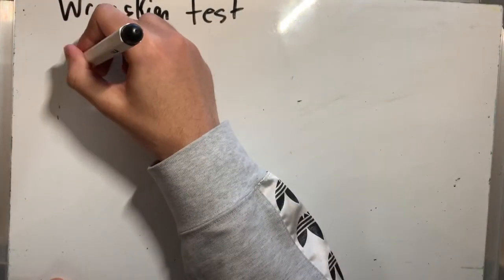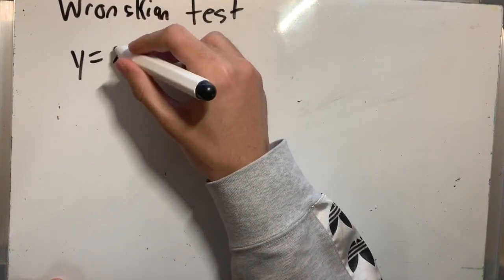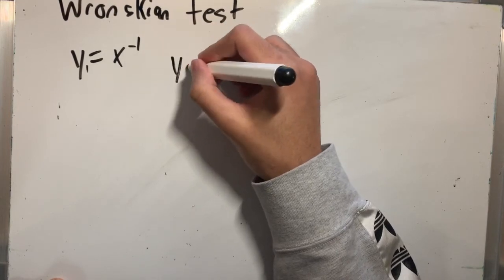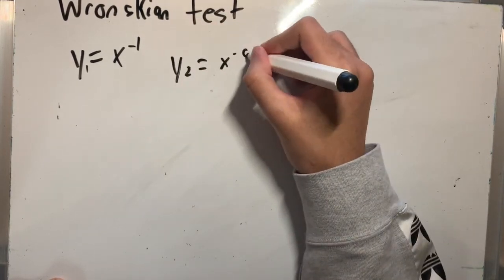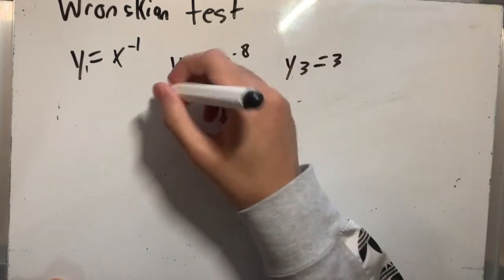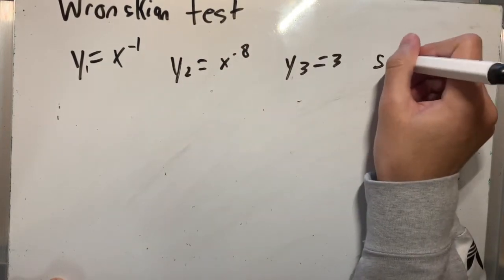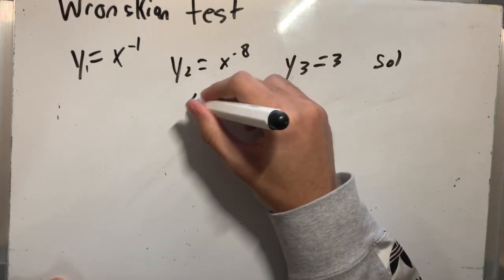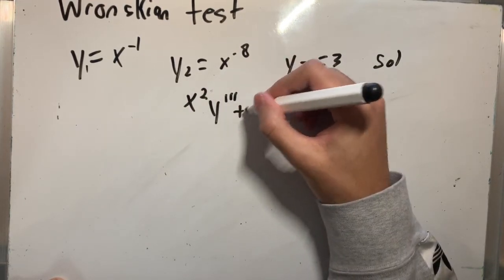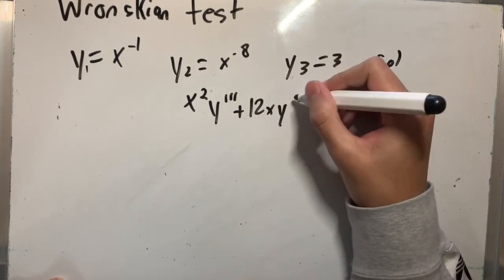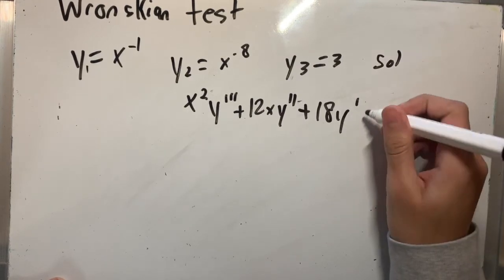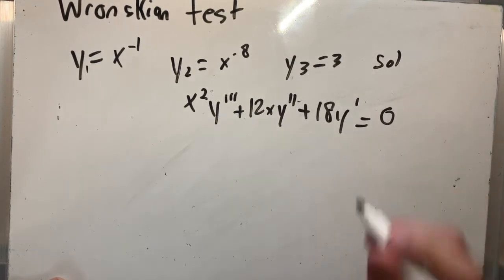Say you're given the solutions y1 is equal to x^-1, y2 is equal to x^-8, y3 is equal to 3, and it's told that these are solutions of x squared y''' plus 12x y'' plus 18 y' is equal to 0.